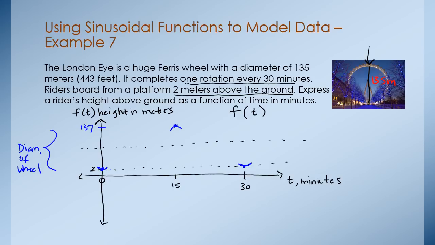So let's see, I guess we're sort of talking about my radius. What is half of 135? Well, 1/2 of 135 is 67.5. So 67.5 from my high and 67.5 from my low.